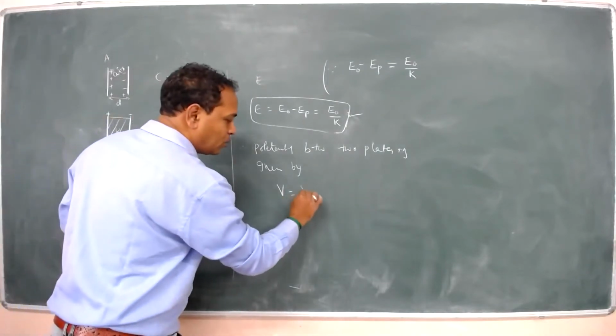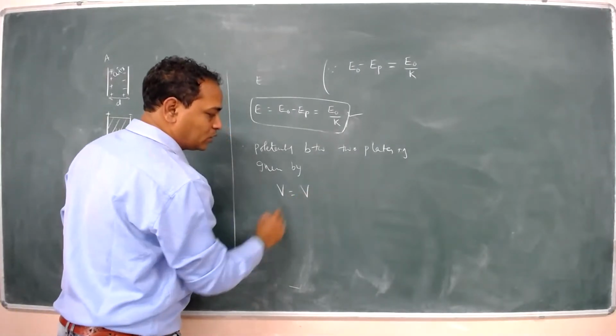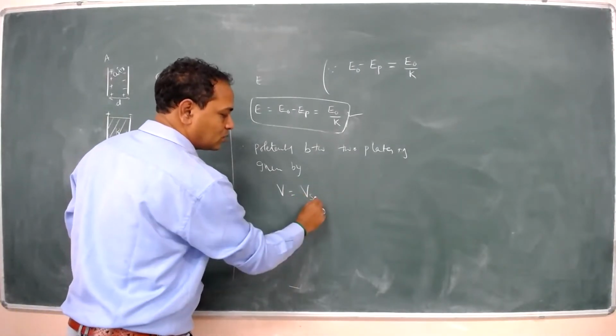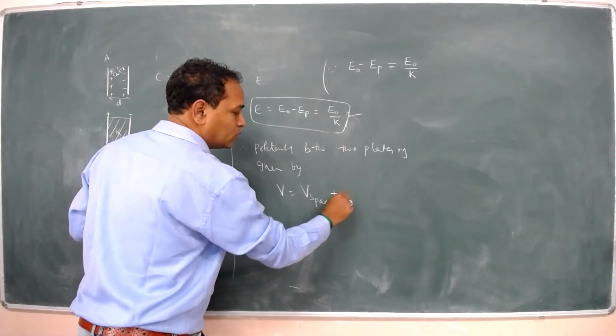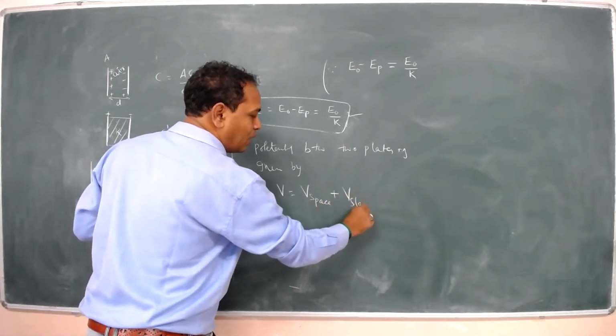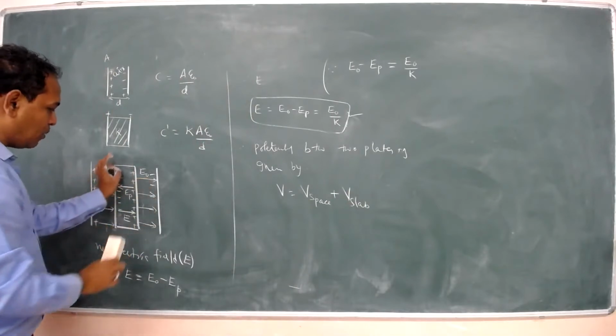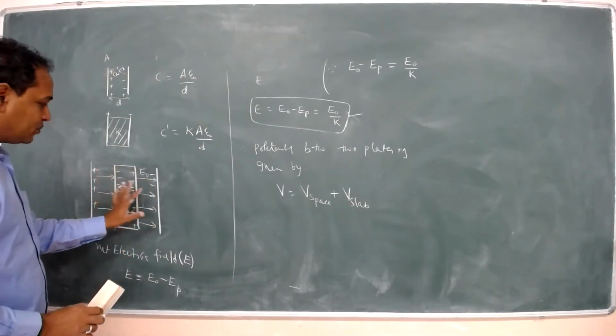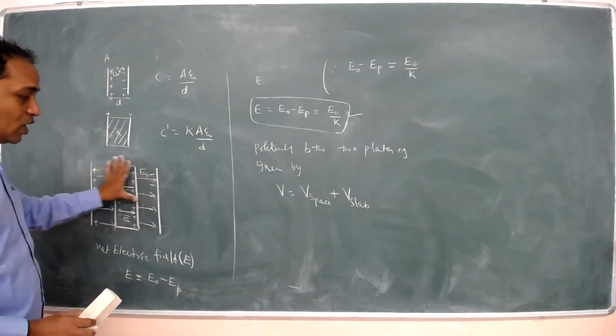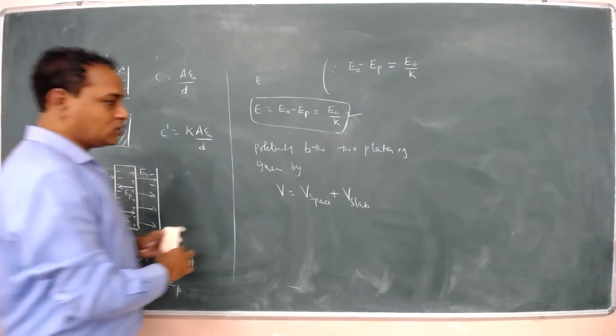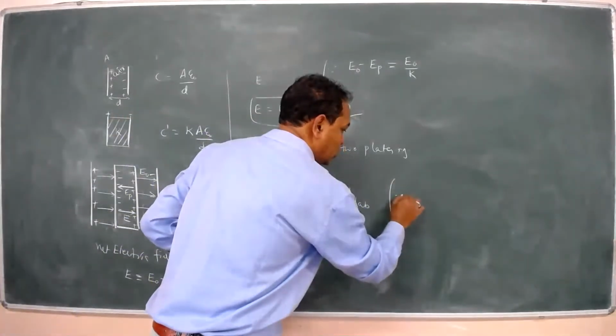So I can write the potential in the space and also the potential in the slab. If I add this empty space potential and this slab potential, then I will get the total potential between the two plates.